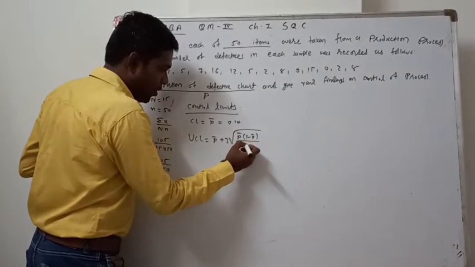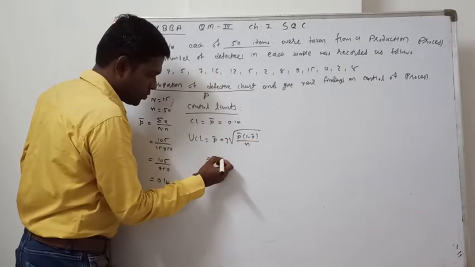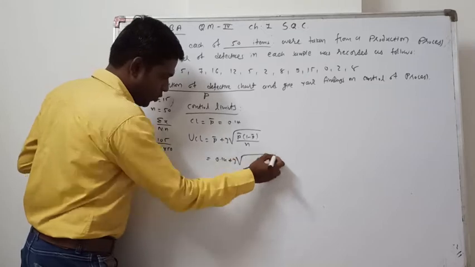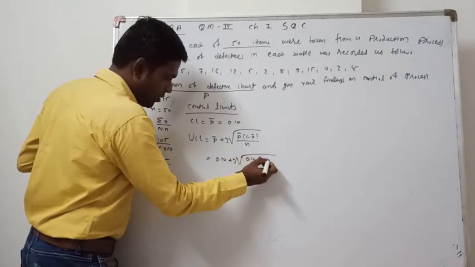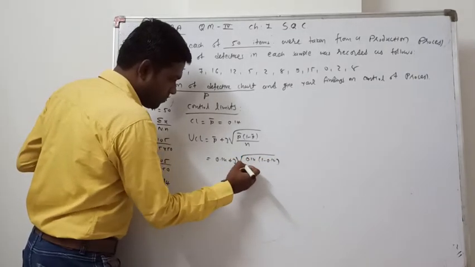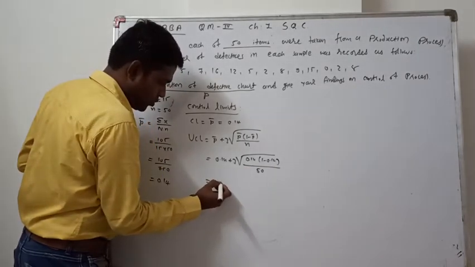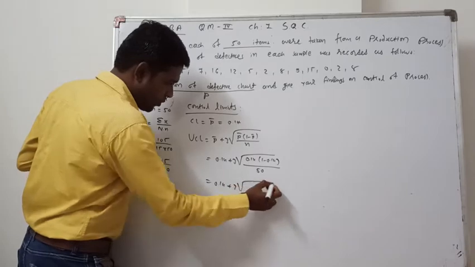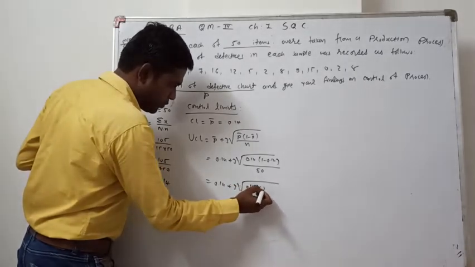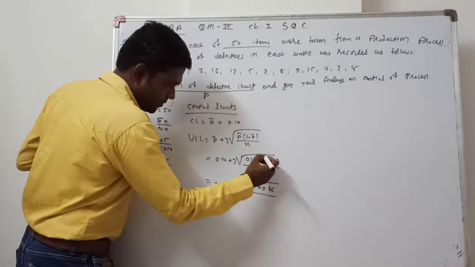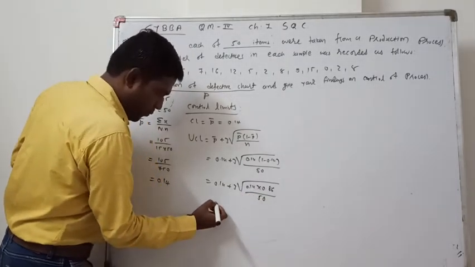Now we have to find UCL, that is P bar plus 3 square root of P bar into 1 minus P bar upon n. So P bar is 0.14 plus 3 square root of 0.14 into 1 minus 0.14, divided by 50, that is 0.14 plus 3 square root of 0.14 into 0.86 divided by 50.